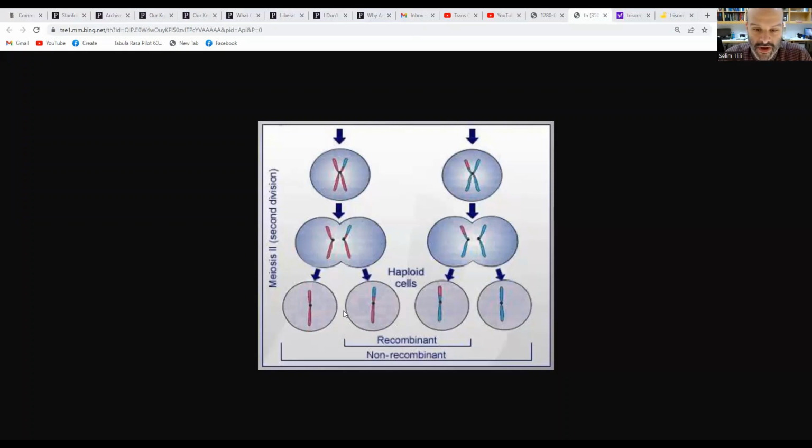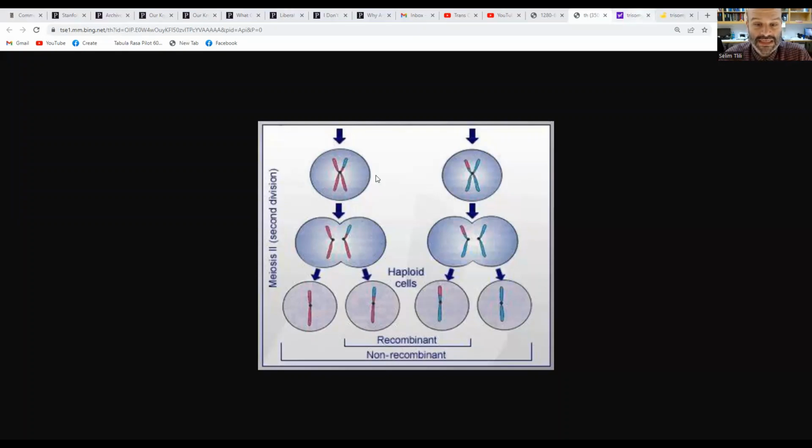Sometimes there will be errors in this phase of meiosis in which a sperm or an egg might have too many chromosomes, in which case the resulting fetus, the resulting embryo, might have additional copies of chromosomes.